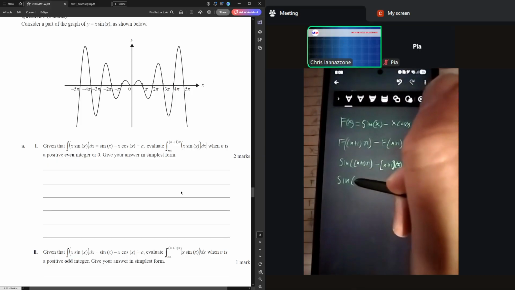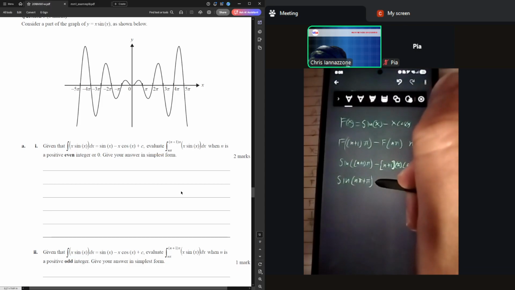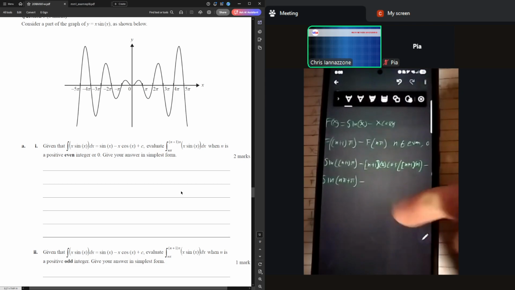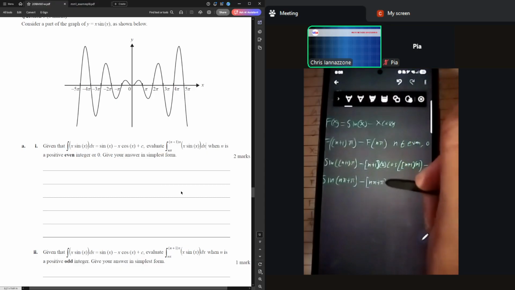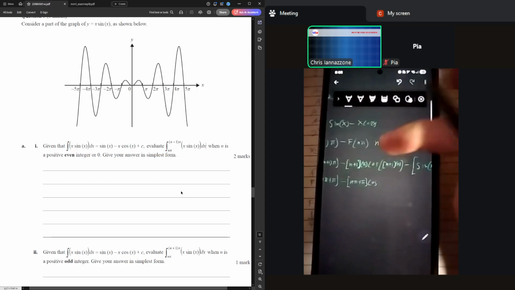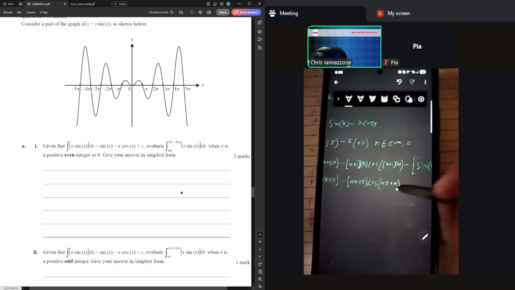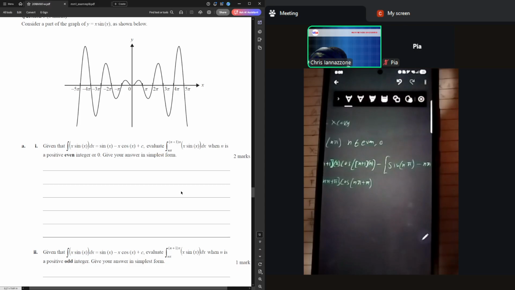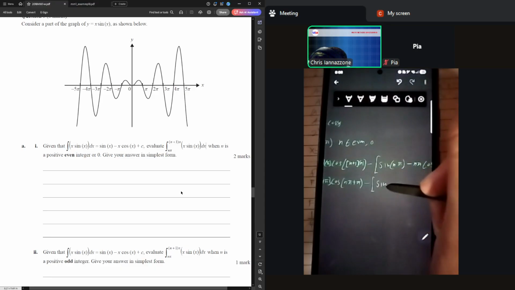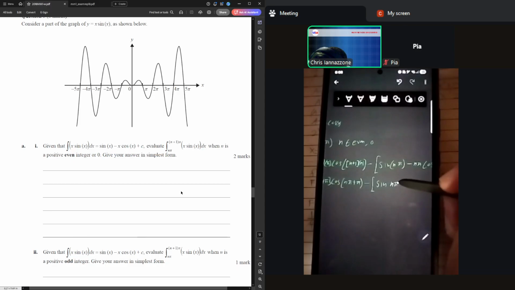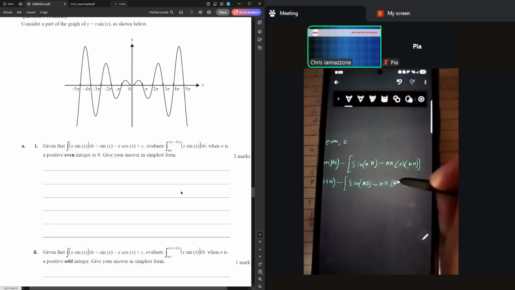Expanding that out, you're going to have sine of n pi plus pi, minus, yeah, I guess we kind of have to leave that like that, n pi plus pi cos n pi plus pi, minus sine n pi, minus n pi cos n pi.